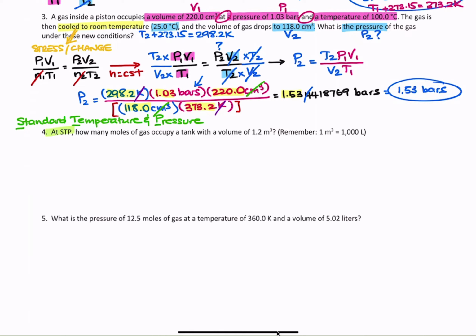The standard temperature is 0 Celsius or 273.15 Kelvin, and the standard pressure is 1 atm or 760 millimeter of mercury or 760 torr. In general, we'll use Kelvin and atm.